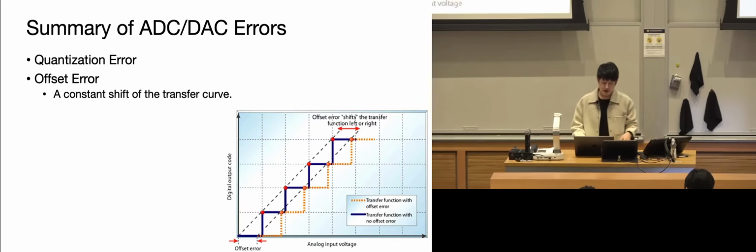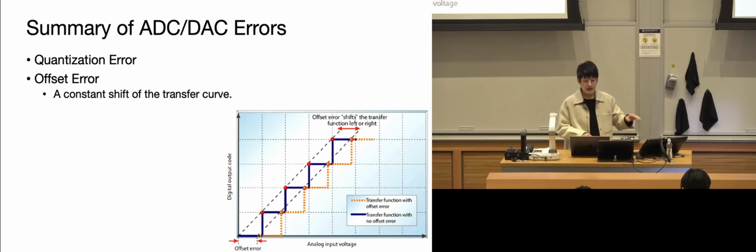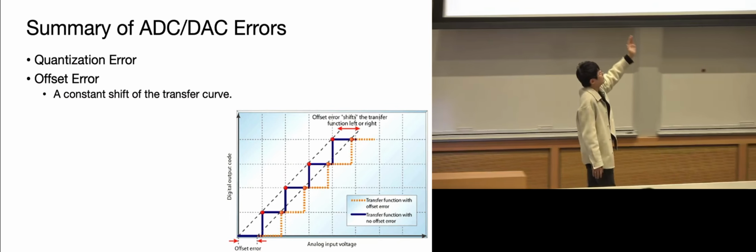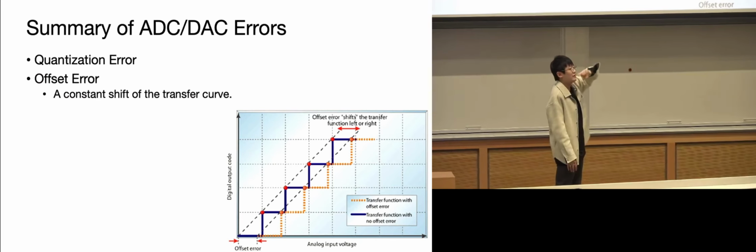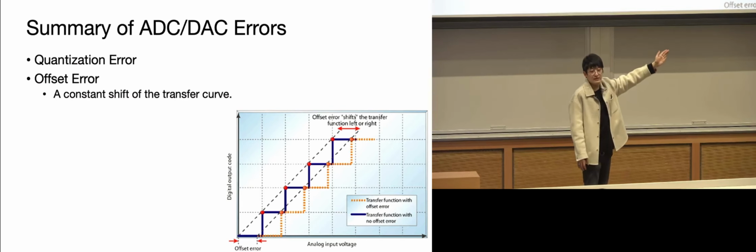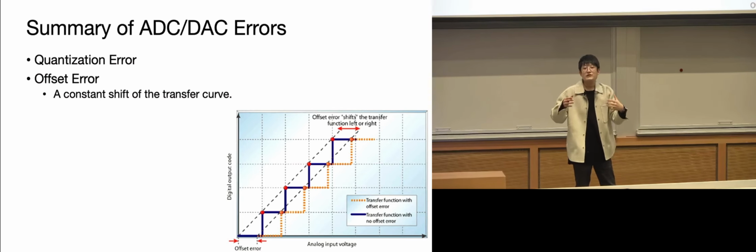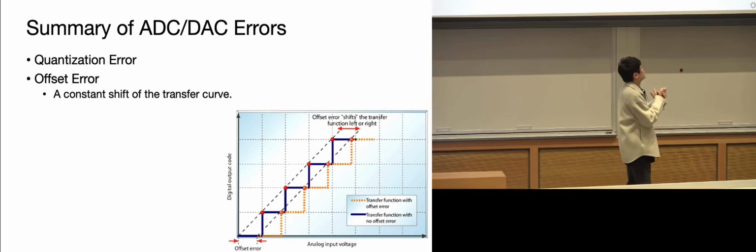And we have the offset error. It's a consistent shift of the transfer curve. So it's possible that everything is shifted to the left or shifted to the right. And chances are this can be relatively easily calibrated by connecting your DAC to a known source inside the system, so that you calibrate the constant offset.